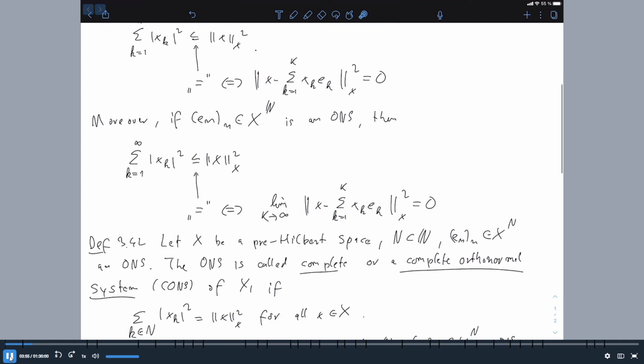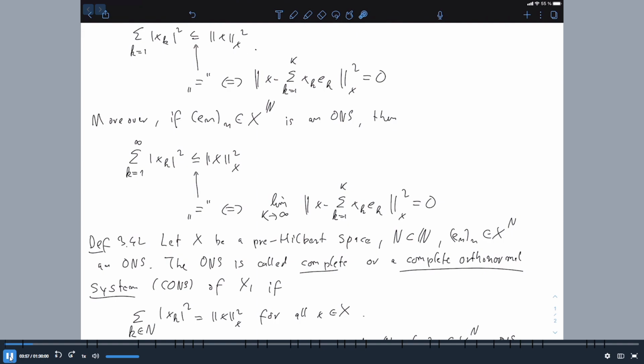But from this limit being 0, we can directly see that this sum converges in the norm to our element. That means we can represent this by an infinite linear combination. And with a finite linear combination, we come arbitrarily close if we have equality here.